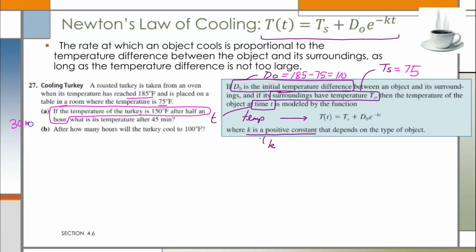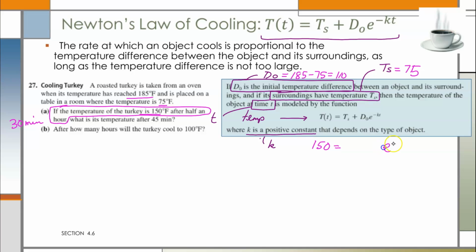We want our time units to match, so we use 30 instead of half an hour. So T is our temperature, 150 after 30 minutes.